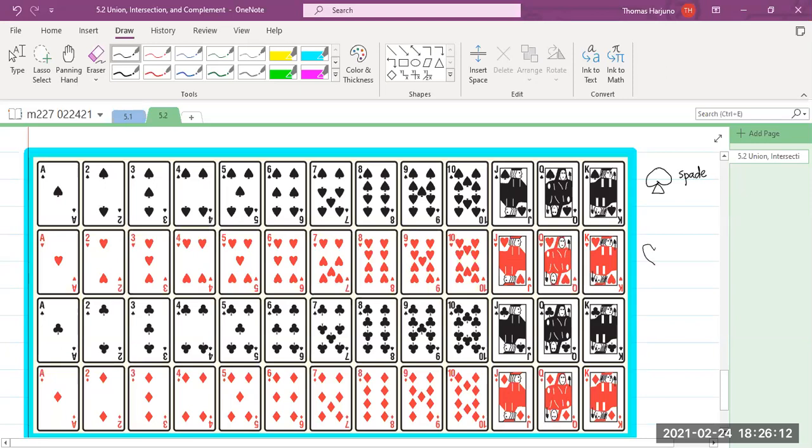Then we have heart. We have club, sometimes called clover. And diamond. There are 4 suits.